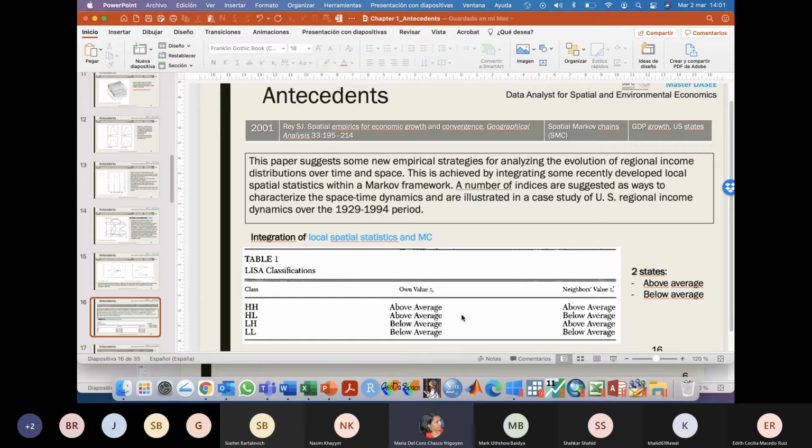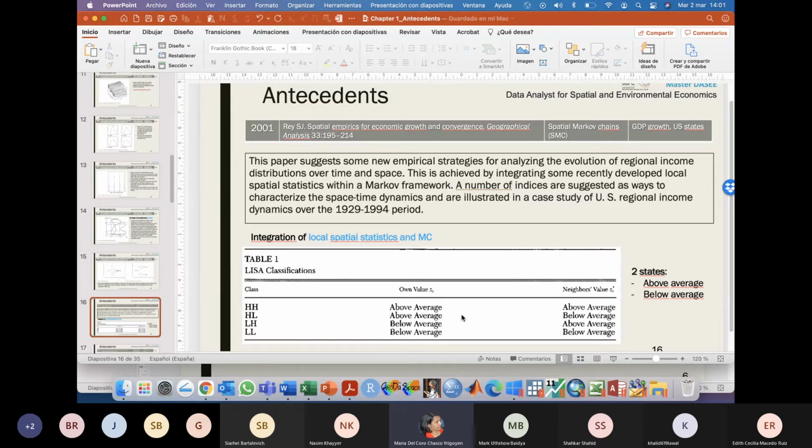The US regions are the states, over a period from 1929 to 1994. So it's a very long period. Hence, we will find here two important novelties with respect to the previous QUAS papers.